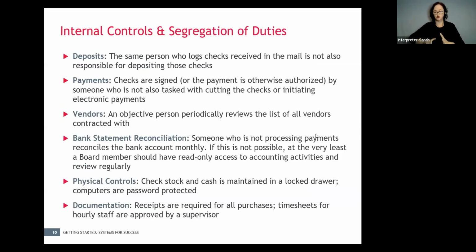This slide lists some examples of where we might want to have some controls specifically. I'm not going to go through all of them. This deck will be made available for you. But as we see here, for instance, deposits, when we're making bank deposits, ideally, the same person who is collecting the cash receipts in whatever way they're coming into your organization, whether it is checks in the mail or handed to you, someone who has access to your PayPal account or your Square account or whatever you're using to process payment, or maybe even cold hard cash that's coming into your organization.